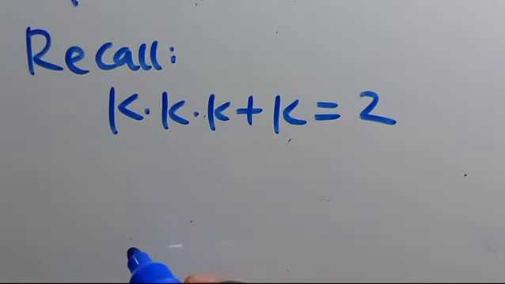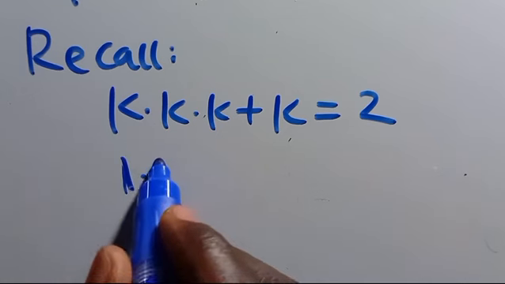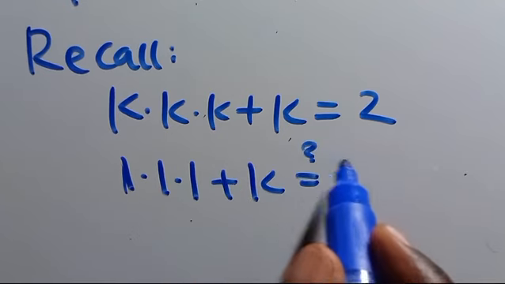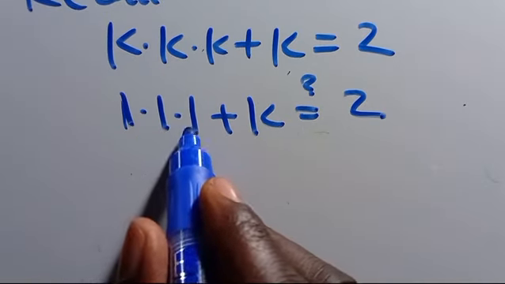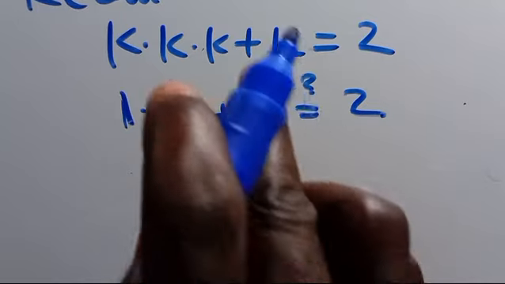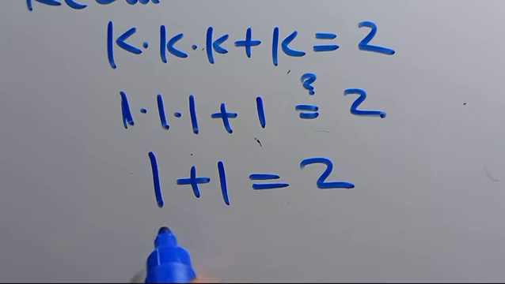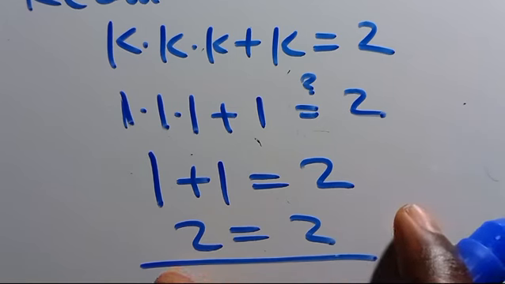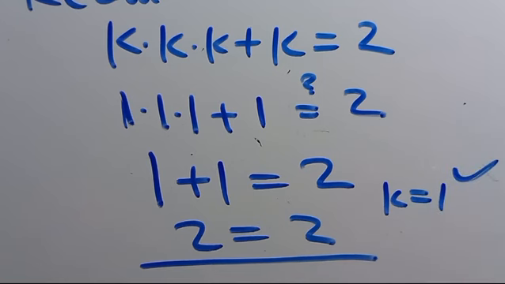Meaning from inspection, when k equals 1, 1 times 1 times 1 plus 1 is going to give us 2. 1 times 1 is 1, times 1 will be 1, plus 1 which equals 2. So since the left hand side equals the right hand side, k equals 1 is satisfied.